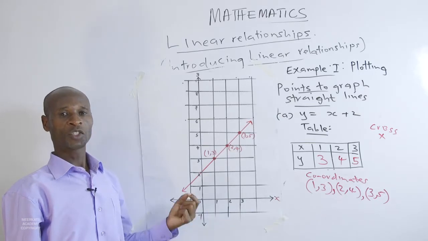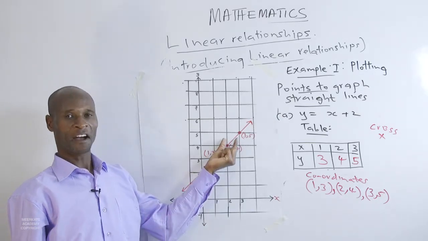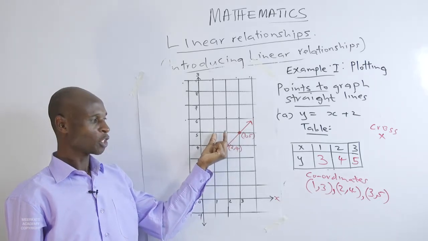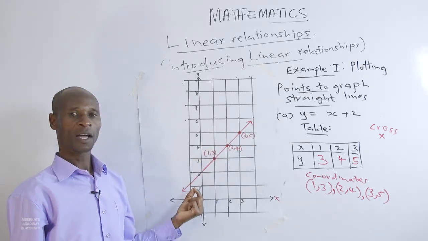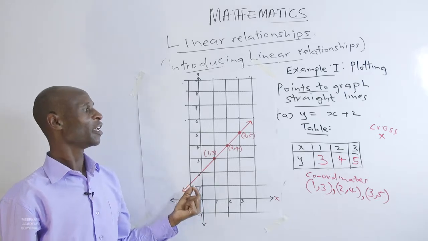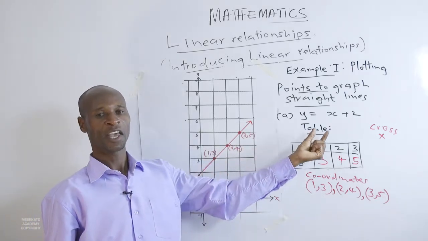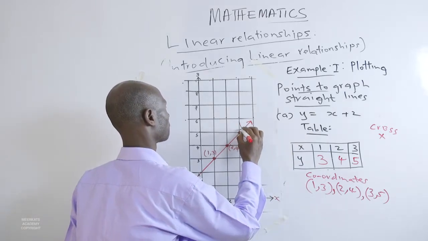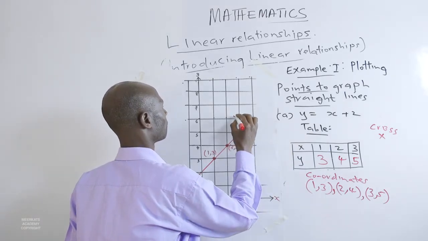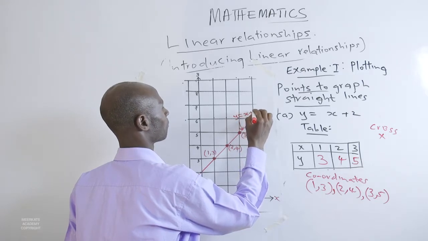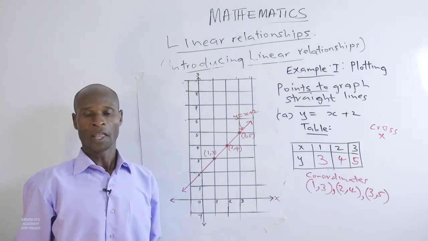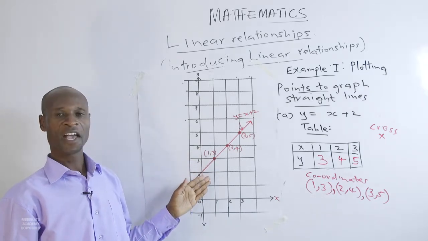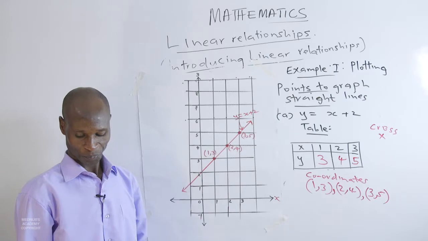However, you can as well define your graph by incorporating the equation of that particular relation. In this case, the equation is y = x + 2. That is how we plot graphs on linear relations.